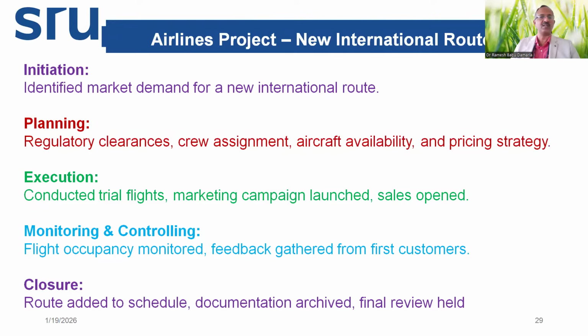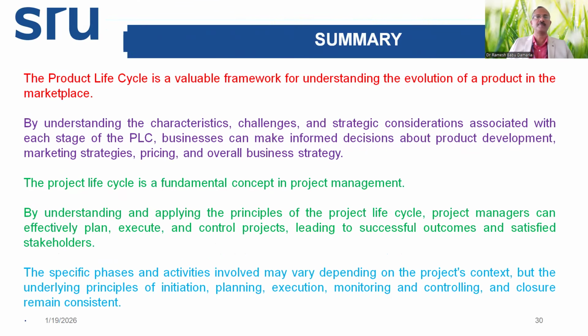Next, the execution phase: conduct the flight trial, marketing campaign launch, sales open. During monitoring, occupancy is monitored, and feedback is taken from first customers. Commercial: now the route is added to the schedule, and final review is done.